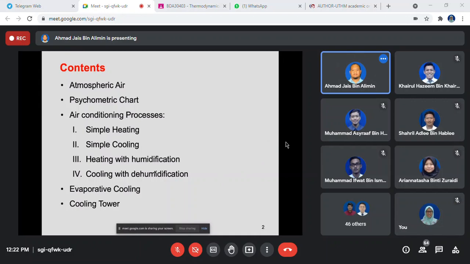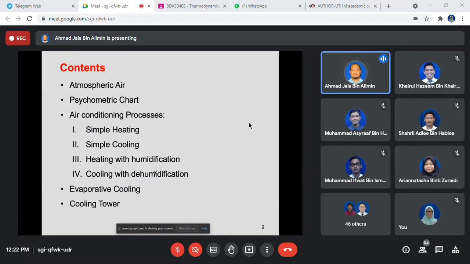theory is how we can conduct a simple heating process, a simple cooling. Okay, so when we say simple heating, we're talking about the delta T to increase the temperature. Simple cooling means also delta T, a reduction in the temperature. And then heating with humidification.